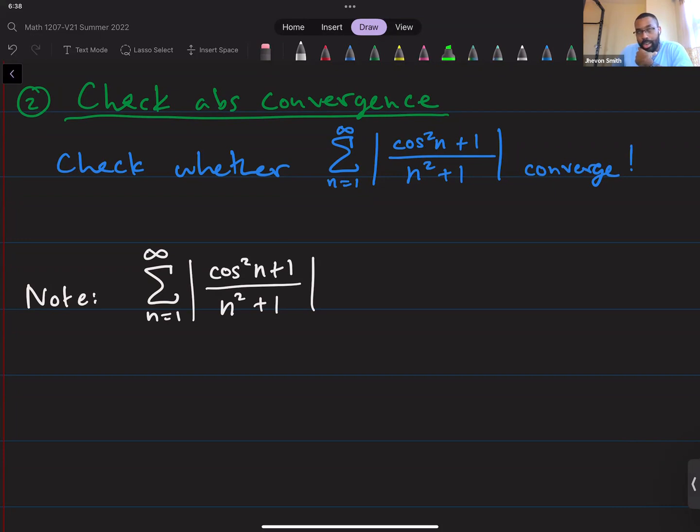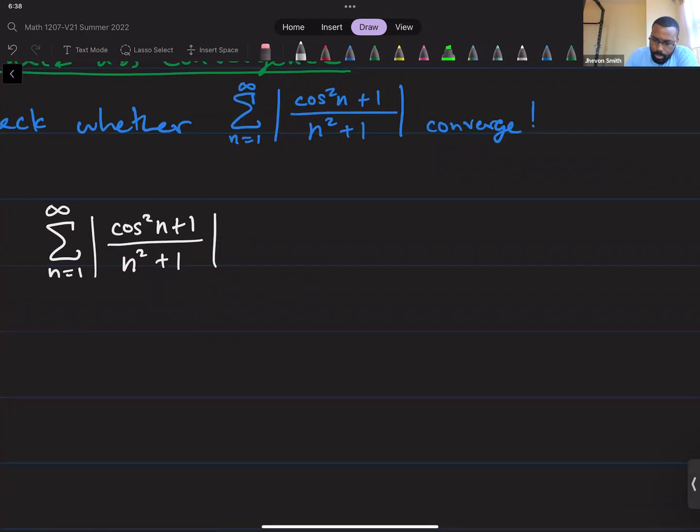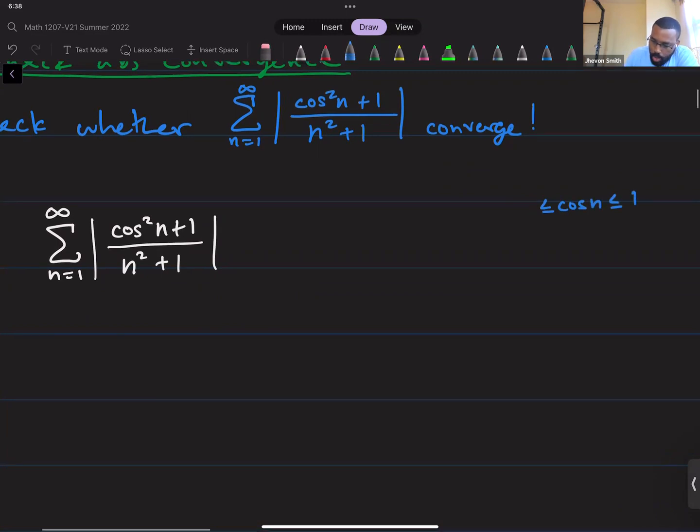And as long as you're not a tangent or a cotangent, this could be something that's useful, because you can bound a cosine. So we know that, for example, a cosine is between -1 and 1 always. So that means if I squared everything, your cosine squared is going to be between 0 and 1. So we can automatically make that bound.